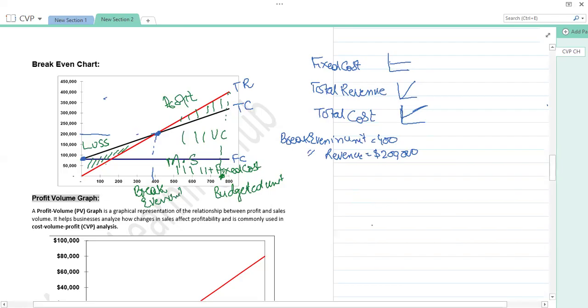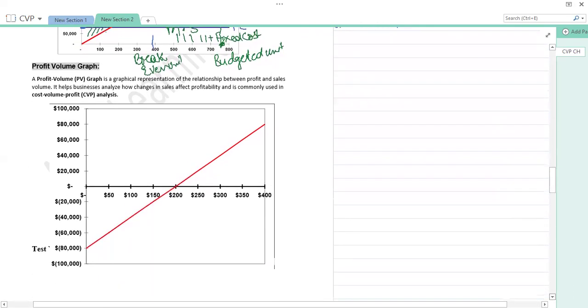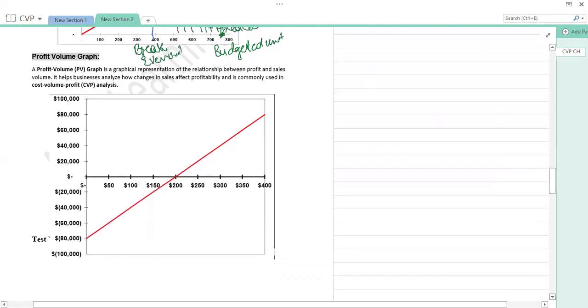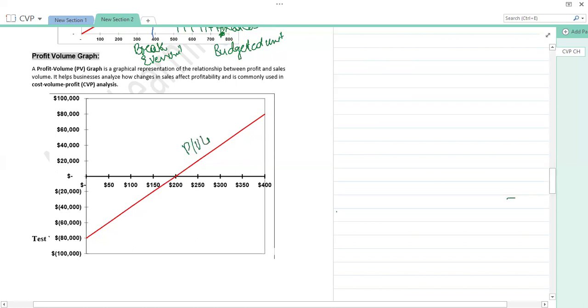Now, the second graph relating to the single product is the profit volume chart. This graph only shows the profit volume line. That line is also known as the PV line, profit volume line. On the x-axis, you can take your sales units or the sales revenue.